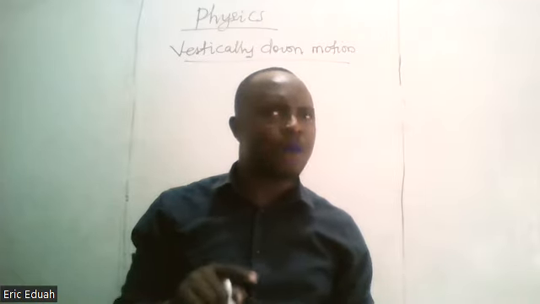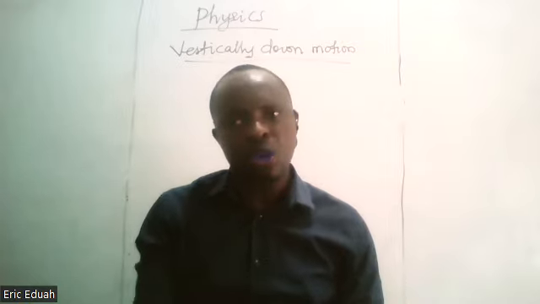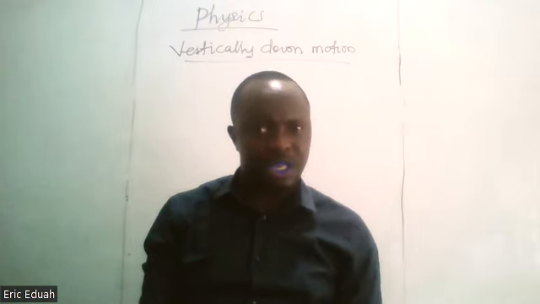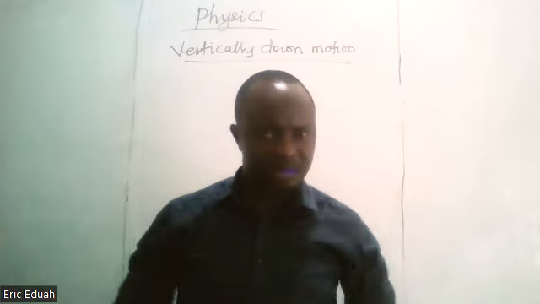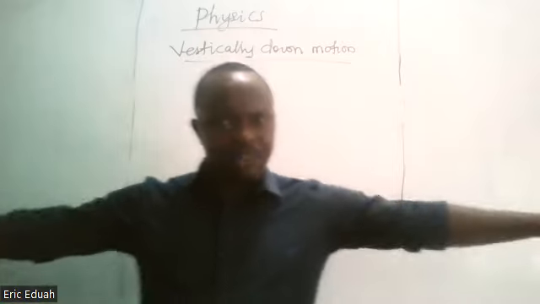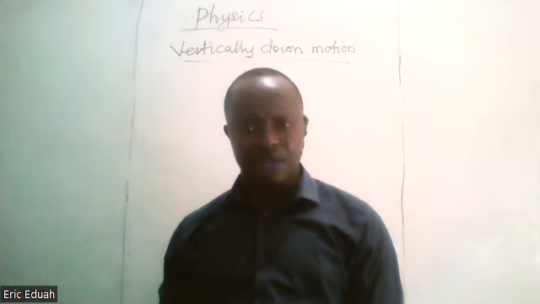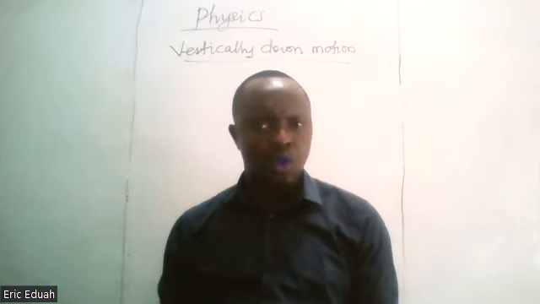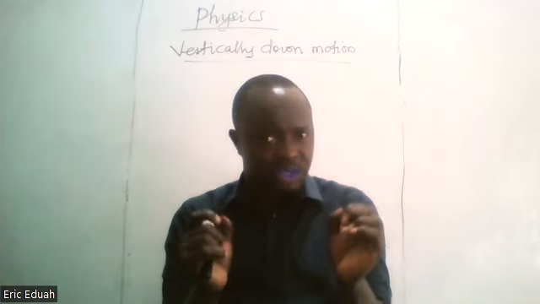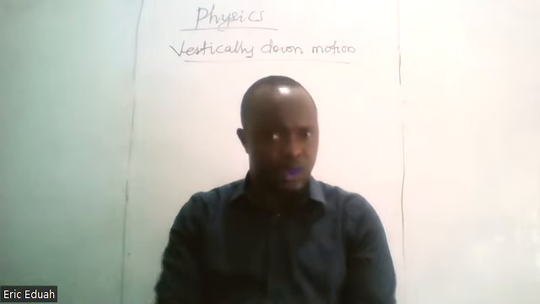This value is approximated to 10 meter per second squared, as we often use in our calculations involving motions under gravity, right? Now, I told you that on the surface of the earth the gravity varies, but the variation is so insignificant, so slight, and that is why it is approximated to 10 meter per second squared.